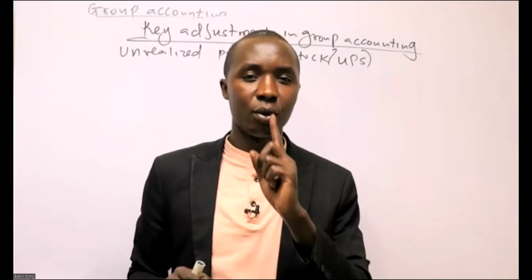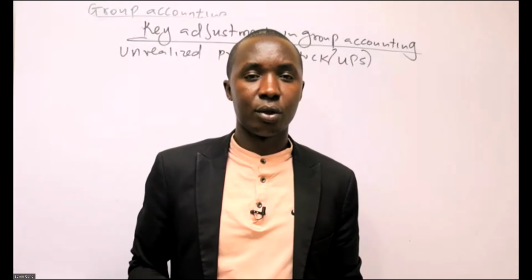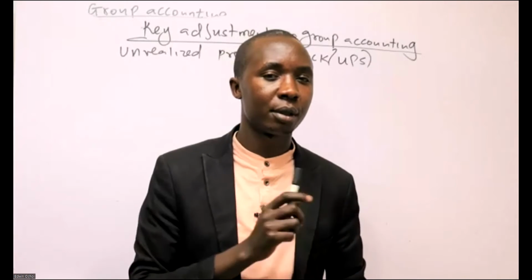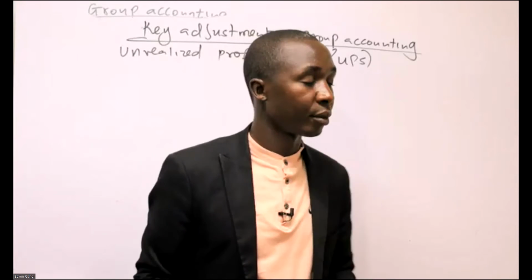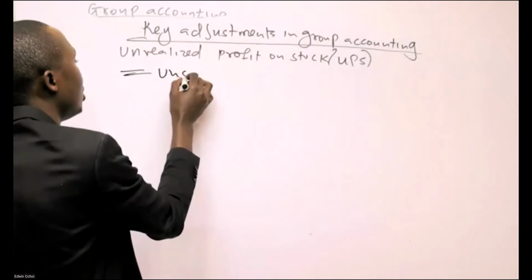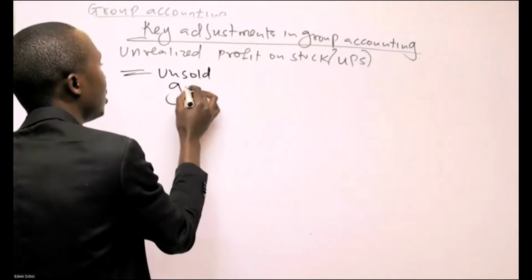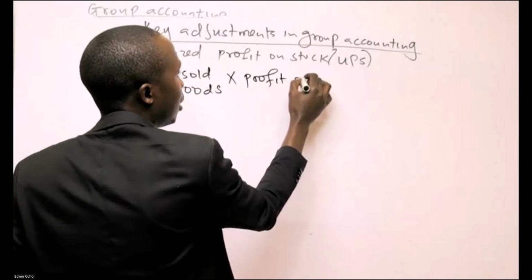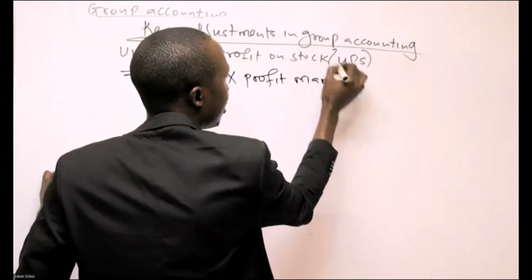So when adjusting in your statements, you need to know, is it an upstream sale or a downstream sale? UPS is computed by taking unsold goods times the profit margin.